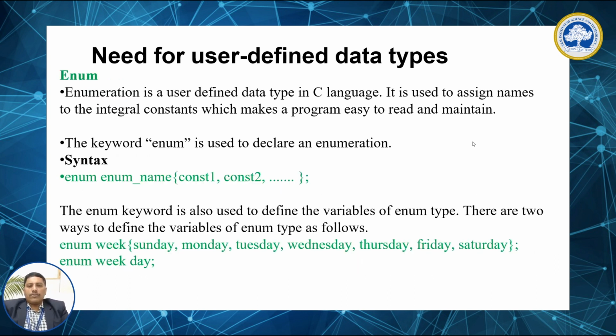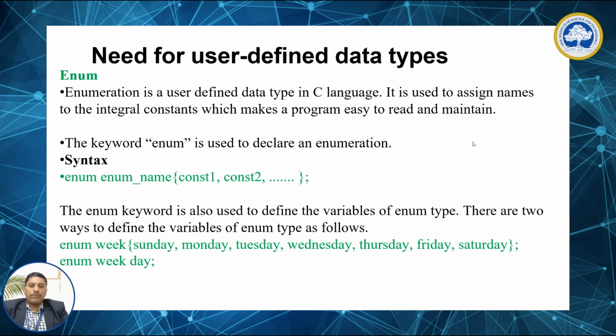The enumeration is a user-defined data type in C language used to assign names to integral constants, which makes a program easy to read and maintain. The syntax is enum, enumerator name, then constant 1, constant 2, up to constant n, with a semicolon.